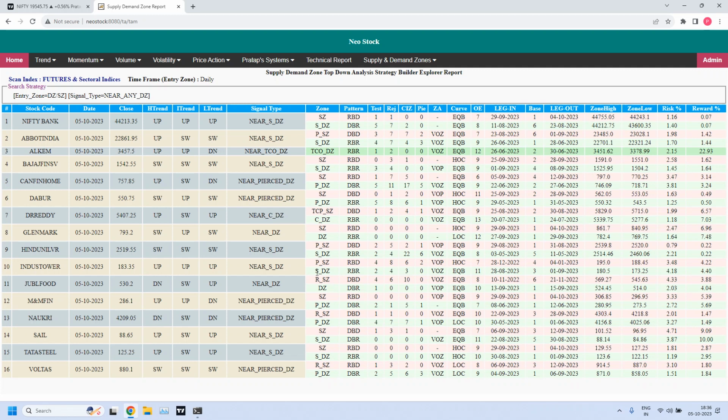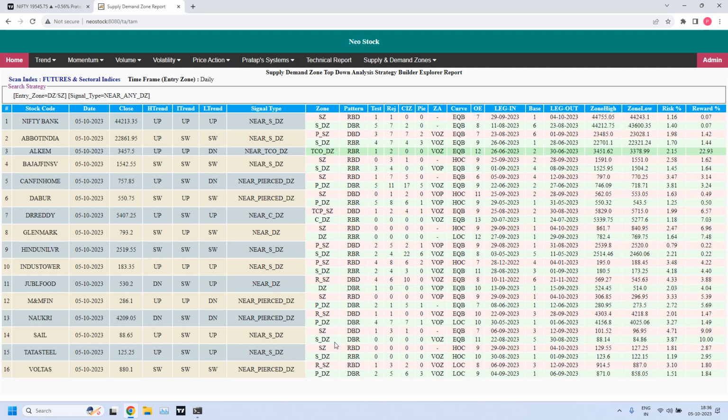And the next stock is Indus Tower. Previously, once we traded in the Indus Tower. I don't remember if it is a demand zone or supply zone, but previously it gave a good return also. So look into this. And next one, SAIL.